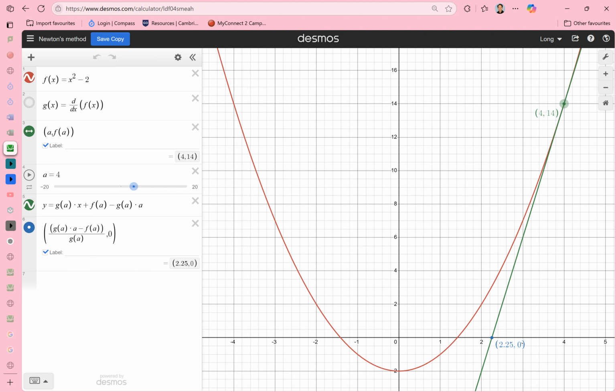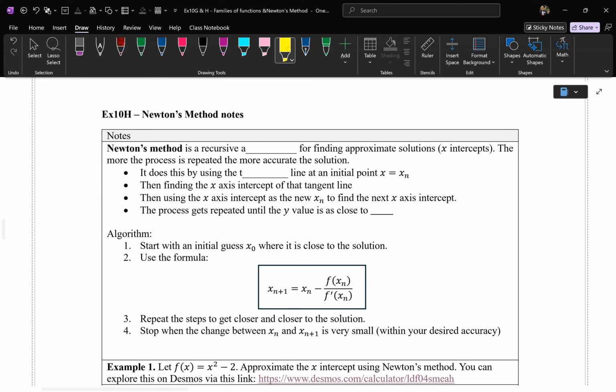This is what Newton's method proposes. In your notes, it's a recursive approximation. So you're going to approximate where the x-intercepts are by doing this. You first pick, using a tangent line, a random point.